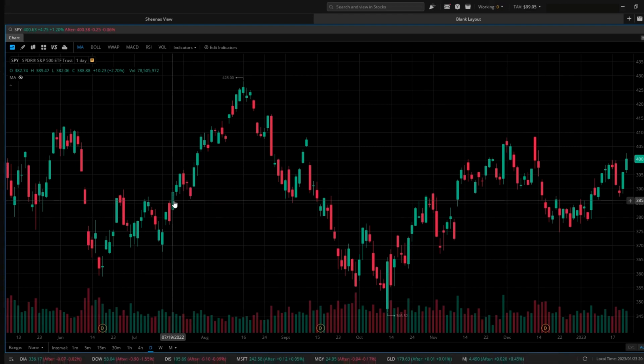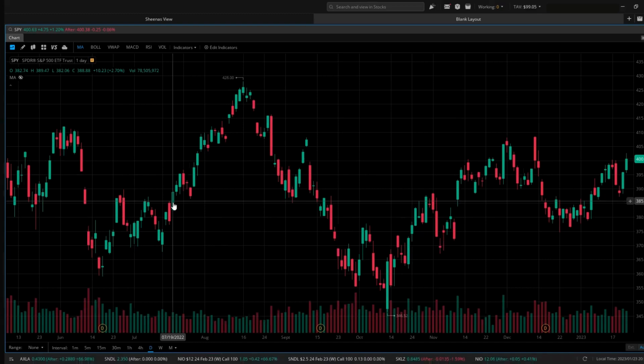And you're going to see at the top that it has an O, an H, an L, and a C. And those are the 4 things that I mentioned that the candlesticks are going to hold as far as information. O stands for open, H stands for high, L stands for low, and C stands for close.